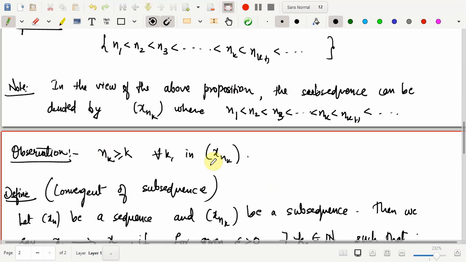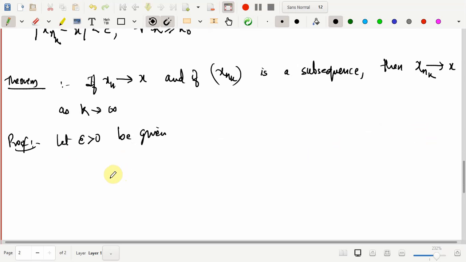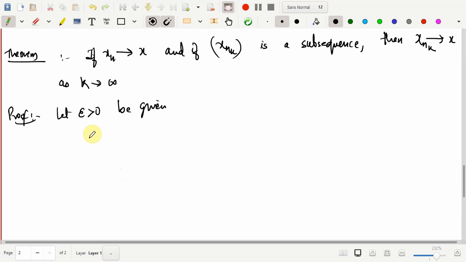If k is greater than or equal to something at a certain point, then obviously n_k also has to be greater than that. By the way, these x_{n_k} are terms from x_n itself. So x_n is like x_1, x_2, x_3. Removing some arbitrary terms from this x_1, x_2, x_3, we form this subsequence x_{n_k}.